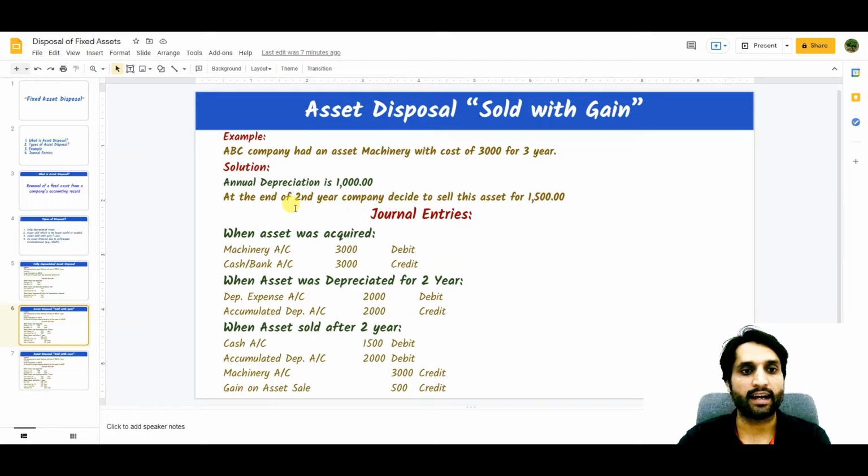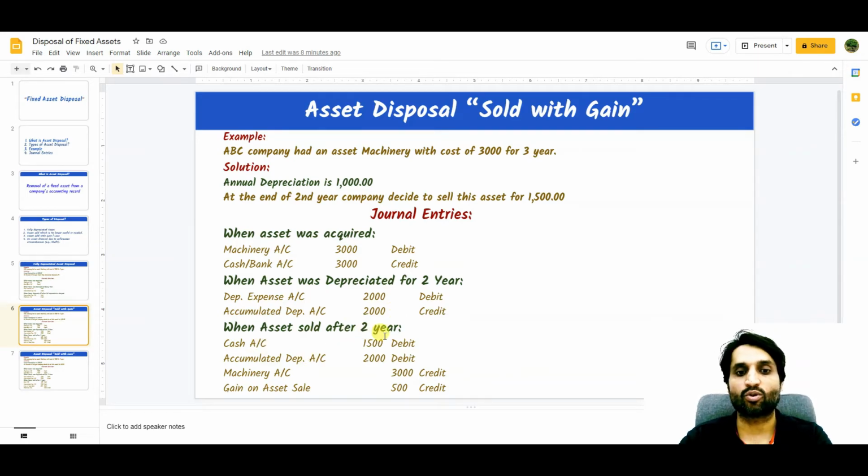When the asset was acquired, we made an entry: machinery debit, cash or bank credit with 3,000, the full value of the asset. The asset was depreciated for 2 years, so at the end of the second year the depreciation expense is 2,000 and accumulated depreciation will be 2,000.